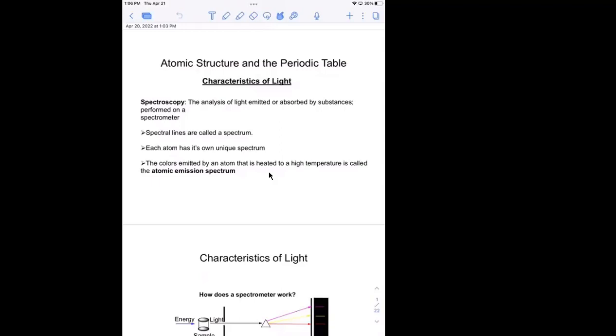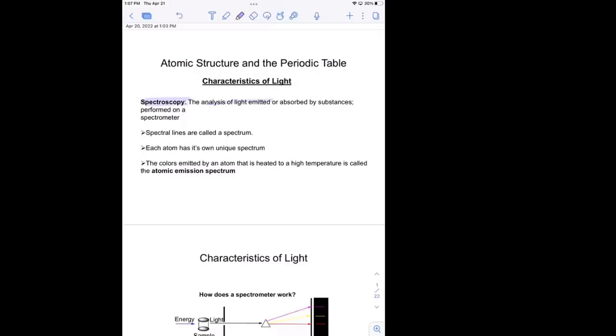So we'll start out with a couple of definitions, and hopefully you grabbed this handout from Blackboard because I did upload it in the notes section. So we'll talk about spectroscopy. It's a really broad term, just dealing with the analysis of light emitted or absorbed by substances.